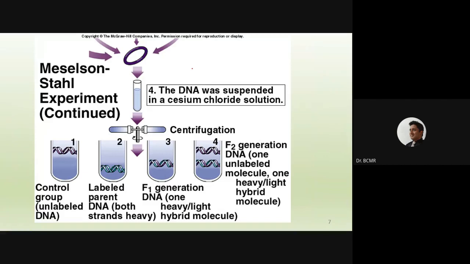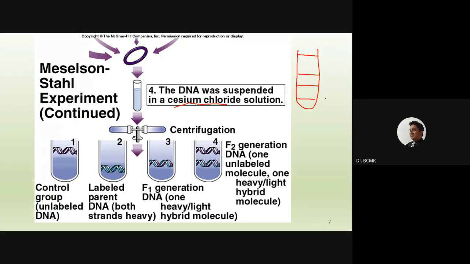I hope you remember from analytical techniques, you use centrifugation for two purposes, mostly for preparative purpose, but you can also use it for analytical purpose. They took a tube and created a cesium chloride density gradient. That means you will have high density at the bottom, and as it goes up, you will have less density.